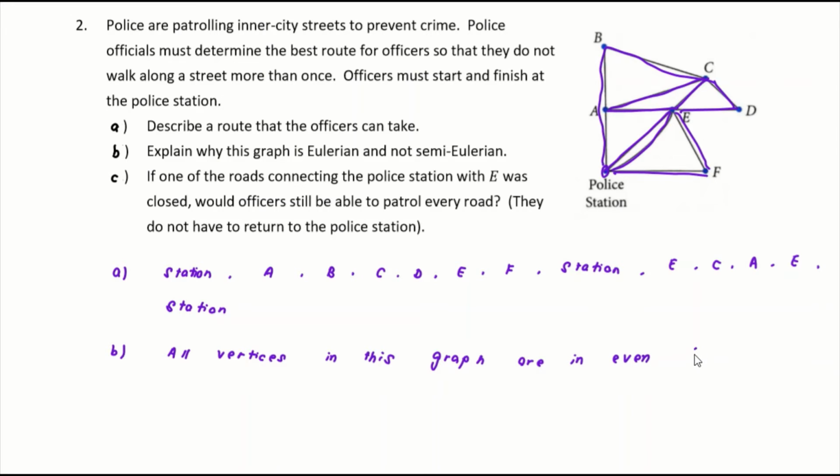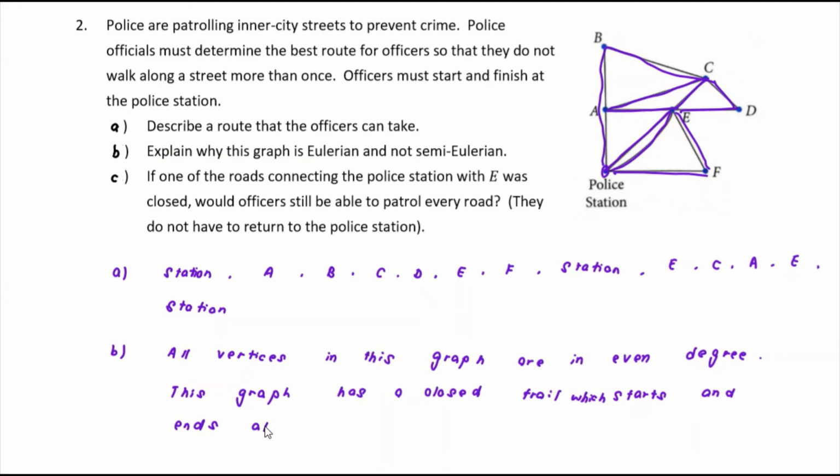Depending on how many marks the question gives you, if you want to explain further, you can say that all vertices in this graph are of even degree. So this graph has a closed trail, which starts and ends at the same vertex.